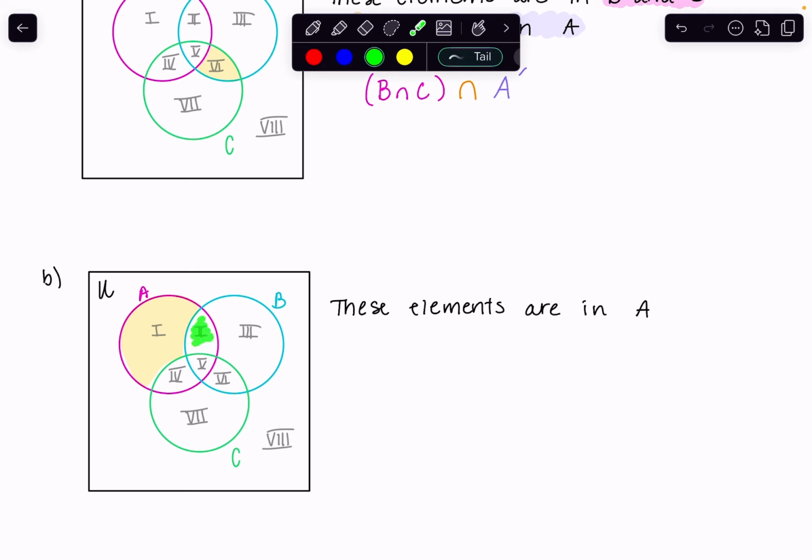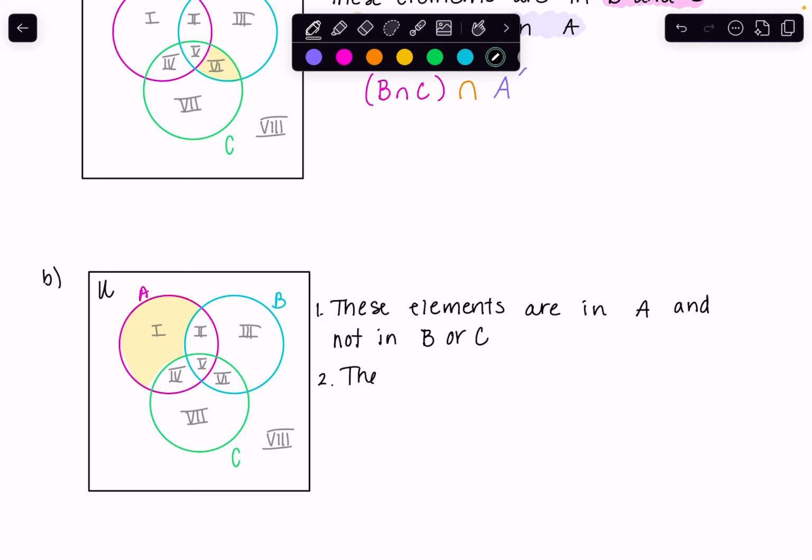But I need to exclude the stuff that's in B, and I need to exclude the stuff that's in C. So they're in A, and they're not in B or C. Okay. The other way you could write this is they're not in B, and they're not in C. So this is method 1 to write this, and this is method 2. And I'll show you, they really end up being the same thing.